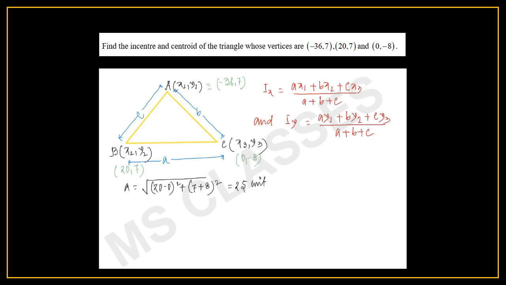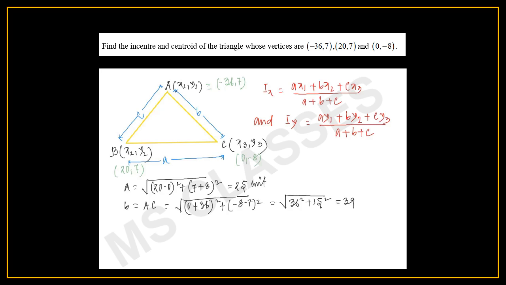Similarly, we can find b, which is AC. Again we apply the distance formula. So you can write 0 minus of minus 36, that will be plus 36 squared, plus (-8 - 7) whole squared. So that will give us the square root of 36^2 + 15^2, which gives us 39.